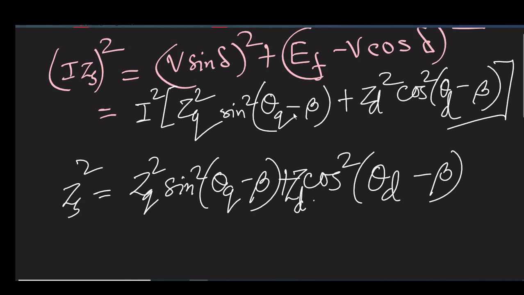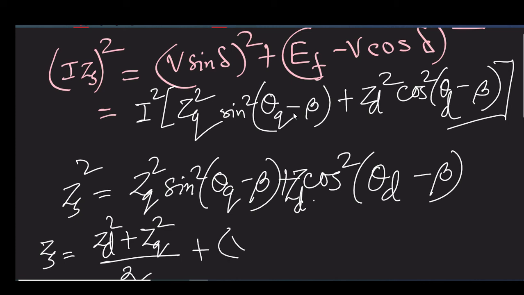If you utilize a few trigonometric identities, what you will get is ZS is equal to ZT square plus ZQ square by 2. I am doing a few step jumps because those are not at all important.